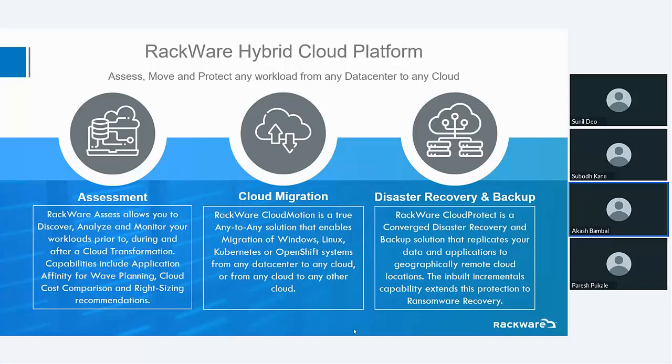With assessment, RMM allows you to gather valuable information about the workloads that you are planning either to move to your target environment or to have protected or backed up in the environment of your choice. You can discover, analyze, and monitor your applications and workloads.